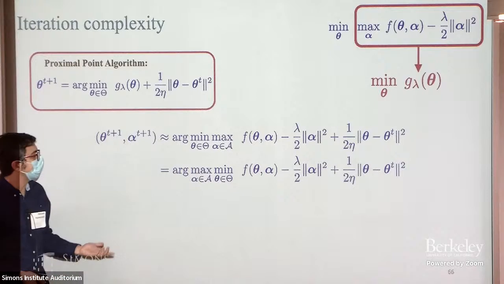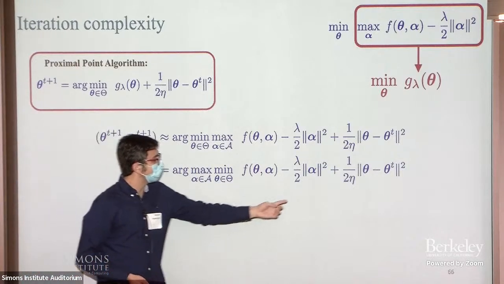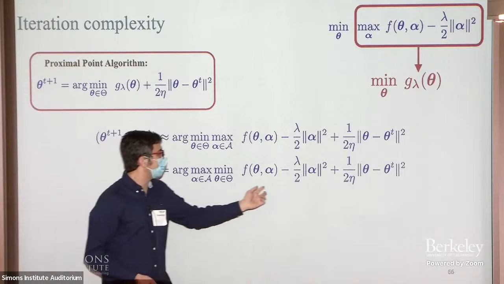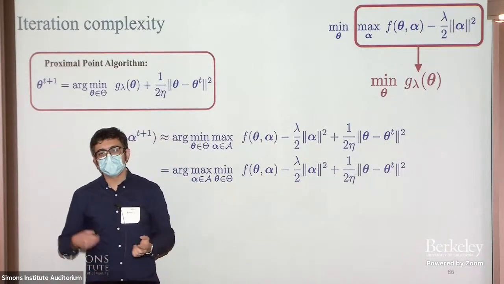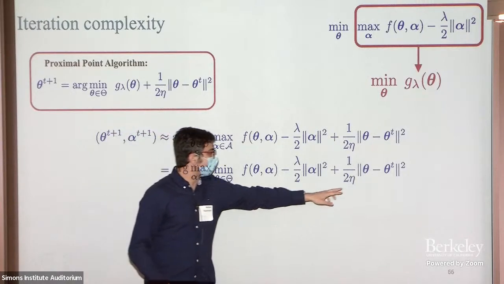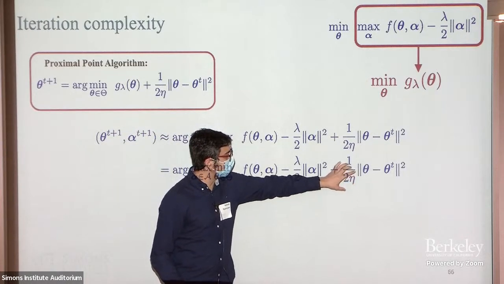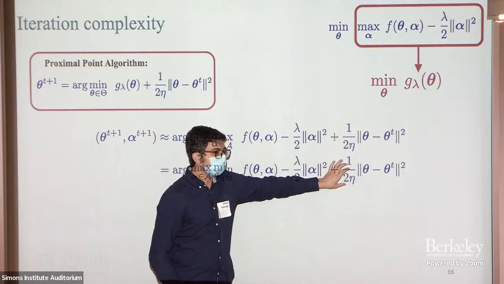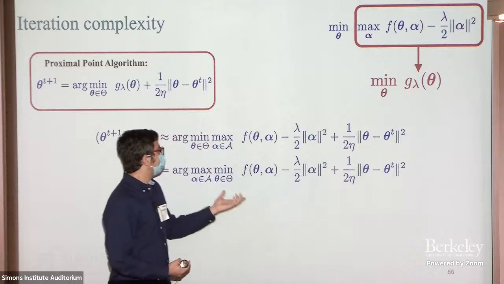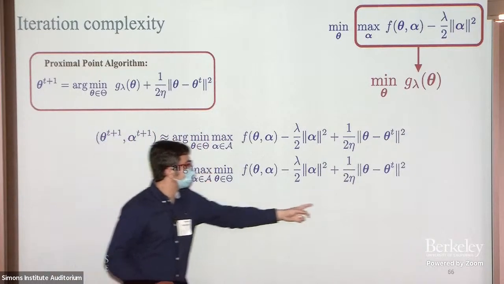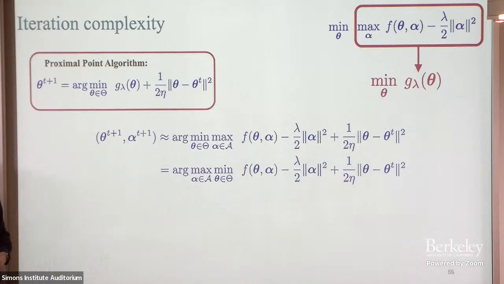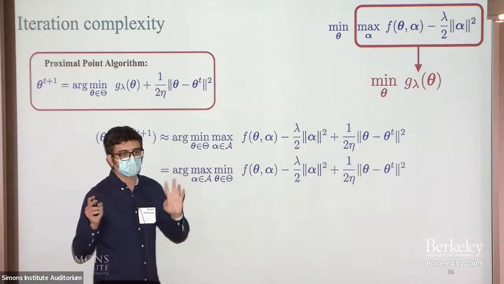If you choose your eta to be 1 over the Lipschitz constant, you have an optimization problem with constant condition number in theta, because you can make the strong convexity modulus of theta order L, say L half. Then the inner minimization can be solved in order constant, because it's strongly convex, up to logarithms.